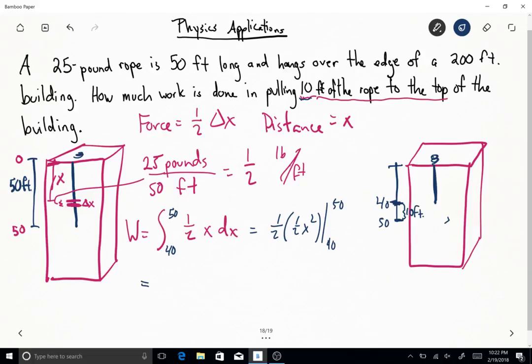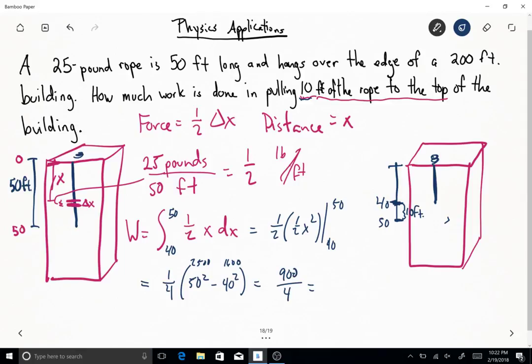So that makes 1/4, and we'll do 50 squared minus 40 squared and figure out what that equals. 50 squared is 25 with the 2 zeros, and then you'll have 16 with the 2 zeros, so that makes 900 divided by 4.